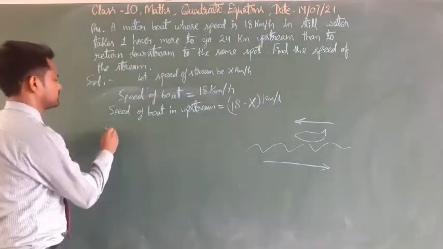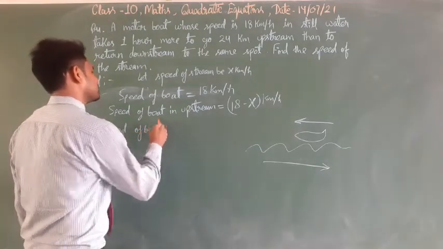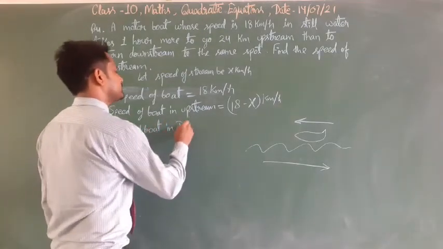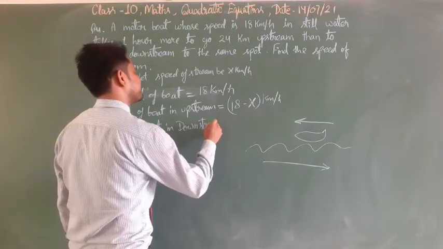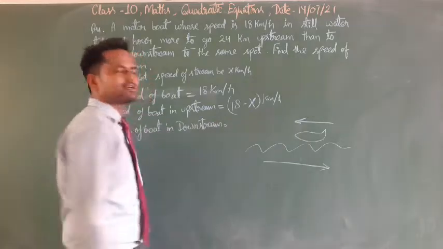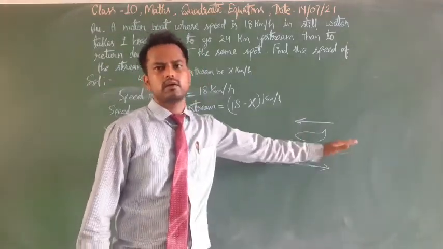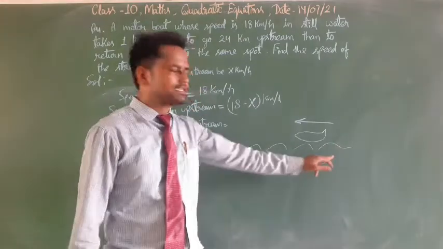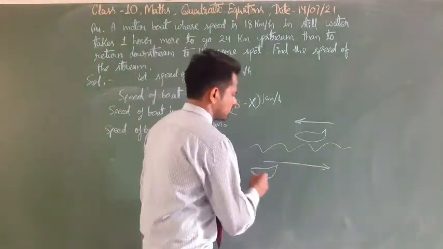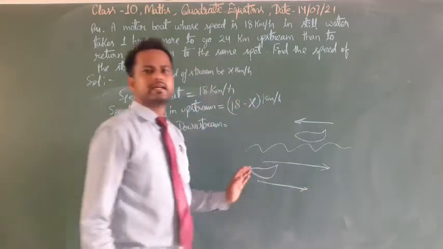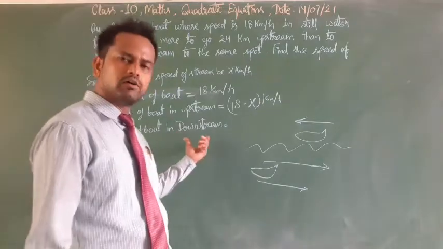And speed of boat in downstream. What is downstream? If flow of water in the river is in this direction and boat also flows in the direction of stream, that is called downstream.